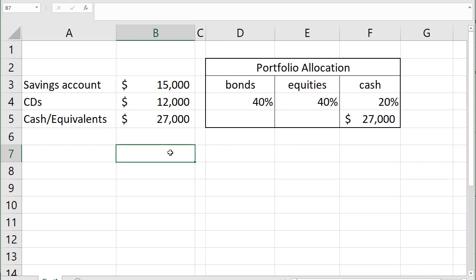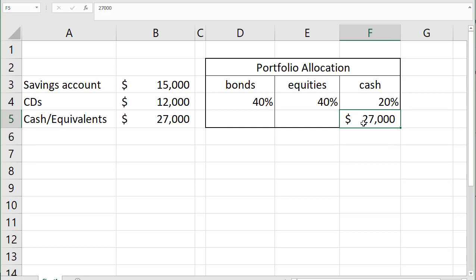Now it's going to want me to figure out how much the total portfolio is worth, as well as how much I have in bonds and how much I have in equities. That can be a little bit tricky if you're looking at it the first time. But as long as they give me these percentages in at least one of the categories, I can figure out the rest.